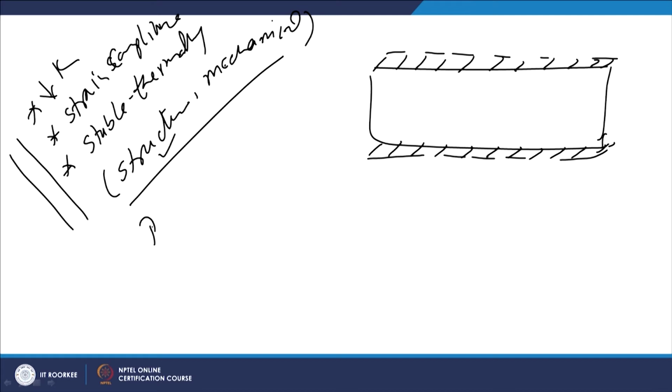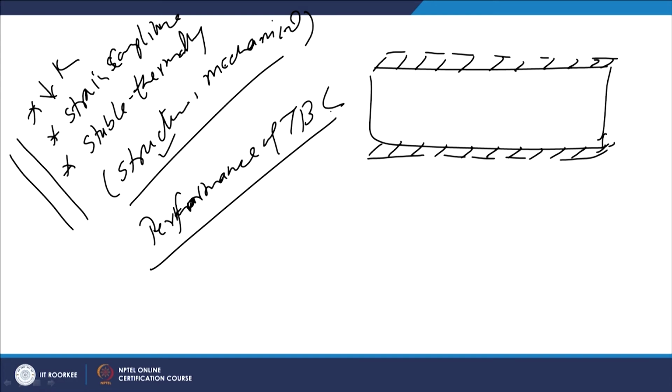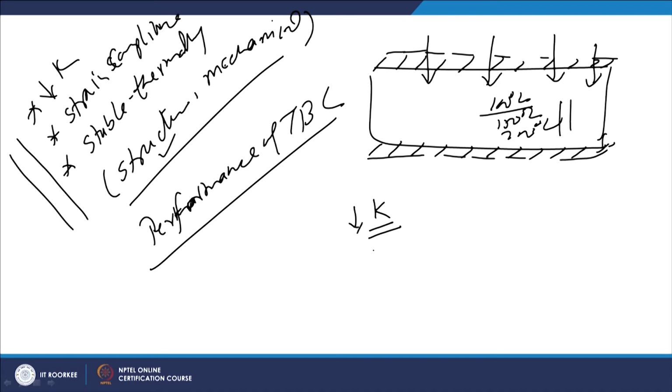So, as far as the performance of TBC is concerned, the performance of the thermal barrier coating material will be influenced by the extent to which the drop in temperature of the substrate material takes place. It could be a drop in temperature by 100 degrees centigrade or 150 degrees centigrade or 200 degrees centigrade, and this will be determined by, of course, the K value and the soundness of the coating.